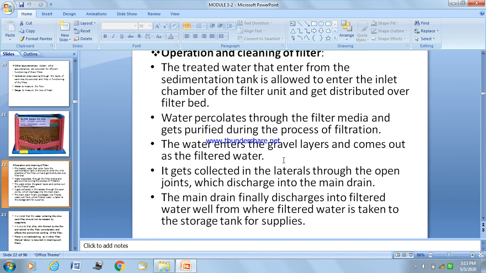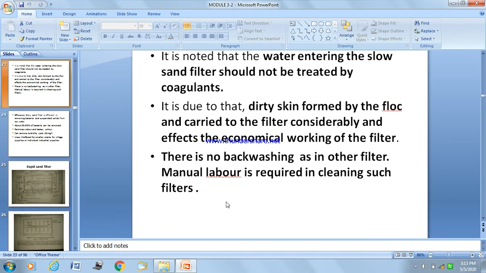From the sand layer it enters the gravel layer and comes out as filtered water. It gets collected in the lateral through the open joints, which discharge into the main drain. The main drain finally discharges into the filtered water well, from where the filtered water is taken into the storage tank for supply.